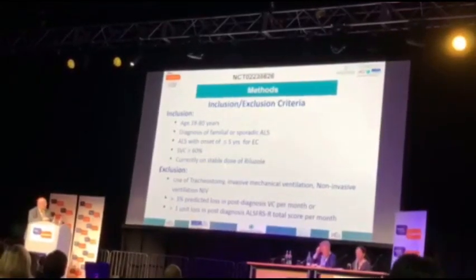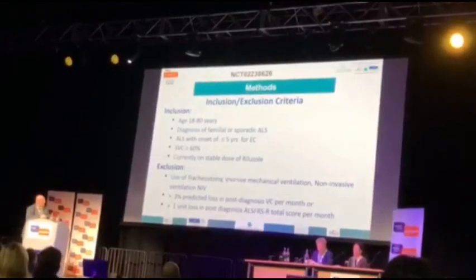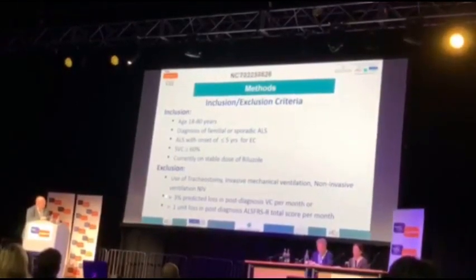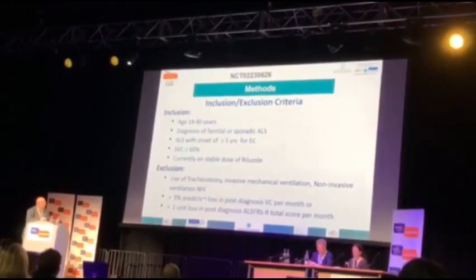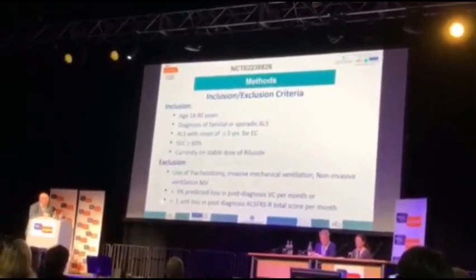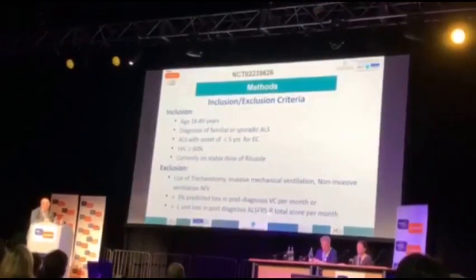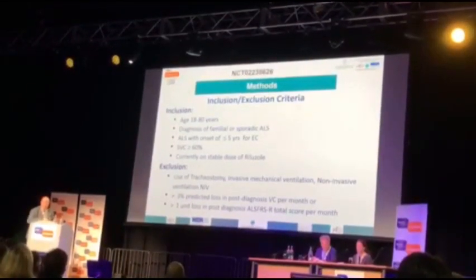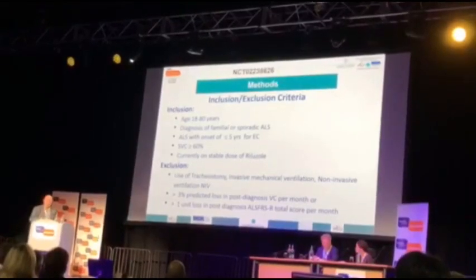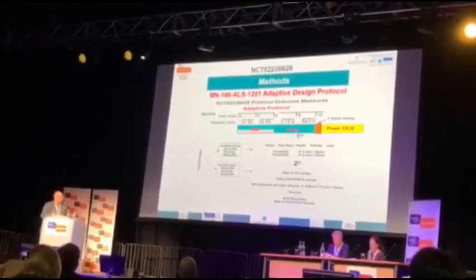On a stable dose of riluzole, we were looking at co-therapy. We excluded tracheostomy and mechanical ventilation. We excluded greater than 3% percent predicted loss in post-diagnosis vital capacity per month. We excluded greater than 1 unit loss of ALS-FRS-R score per month. We wanted to see what people were like in the plateau phase of ALS according to the Proudfoot phenomena.